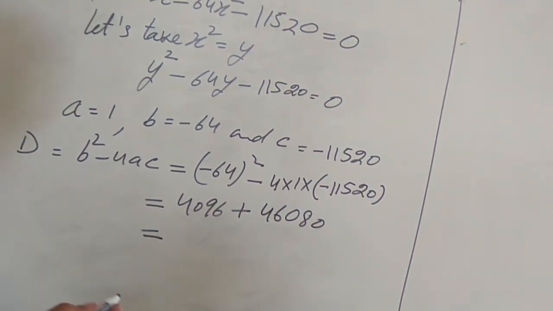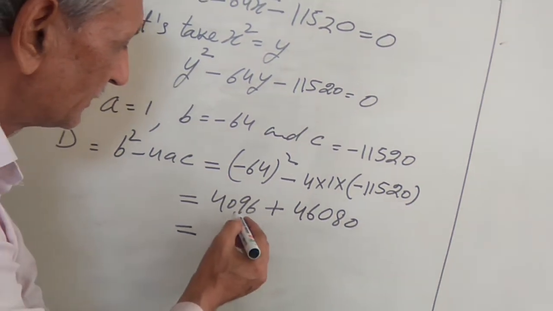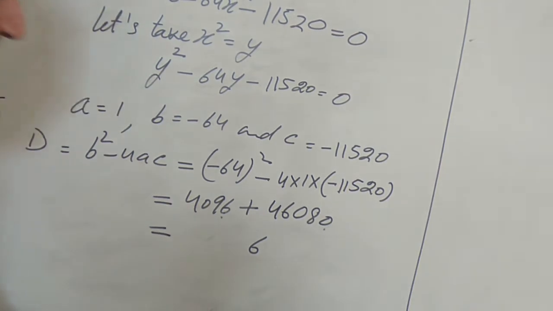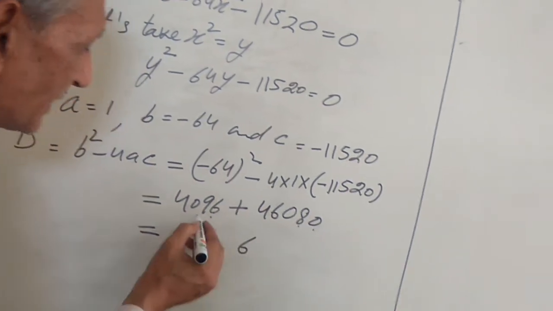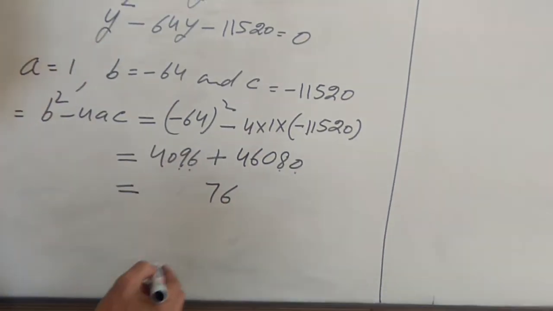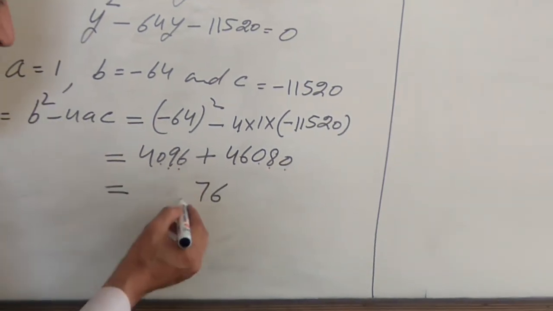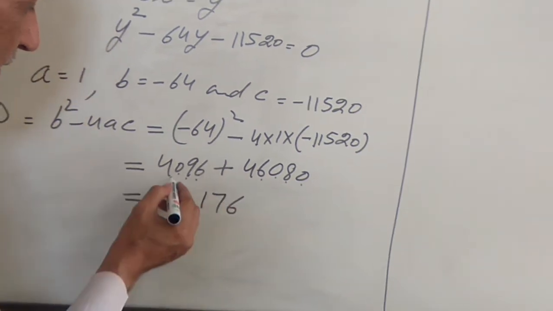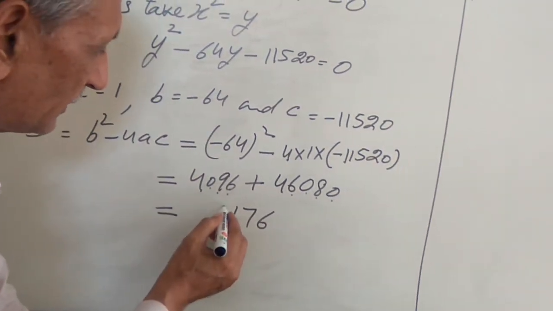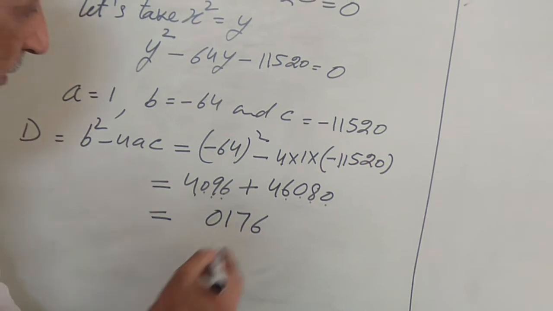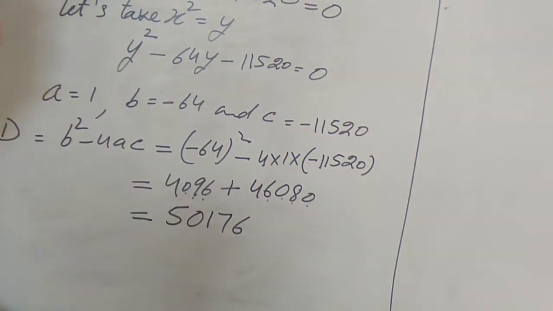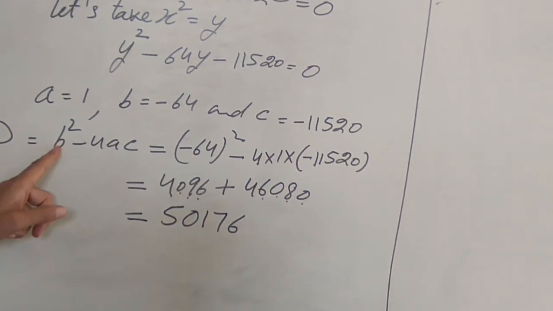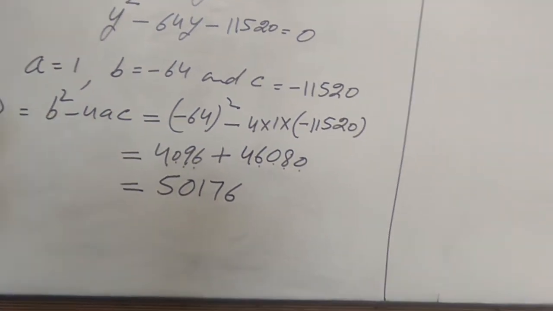On adding 4096 and 46,080 we get 50,176. This is the value of b square minus 4ac.